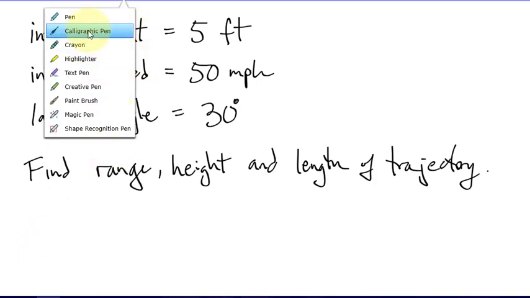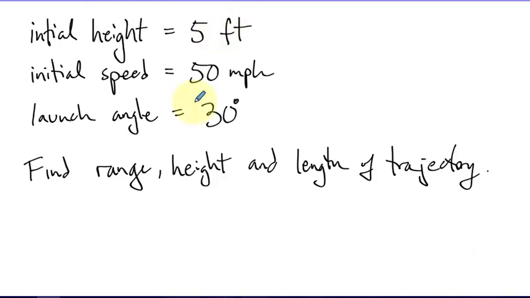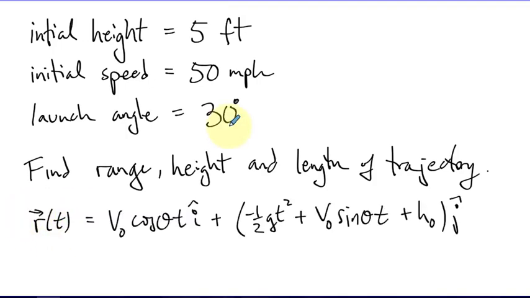Well, let's begin with our position vector and fill in all of our parameters. Position vector looks like that, but we got to make sure our units are good. So the fact that I've got this initial height in feet and I can convert miles into feet, I think I'll do everything in feet and proceed that way.